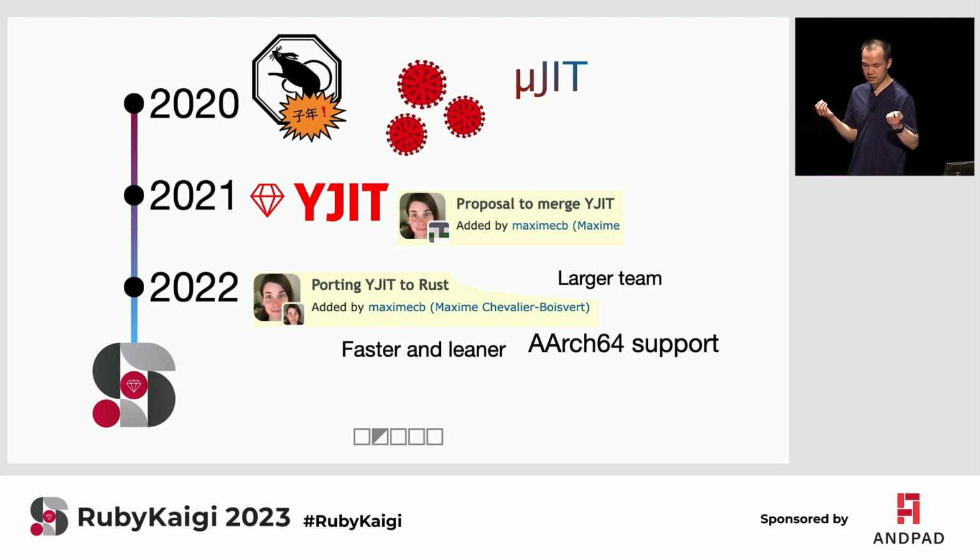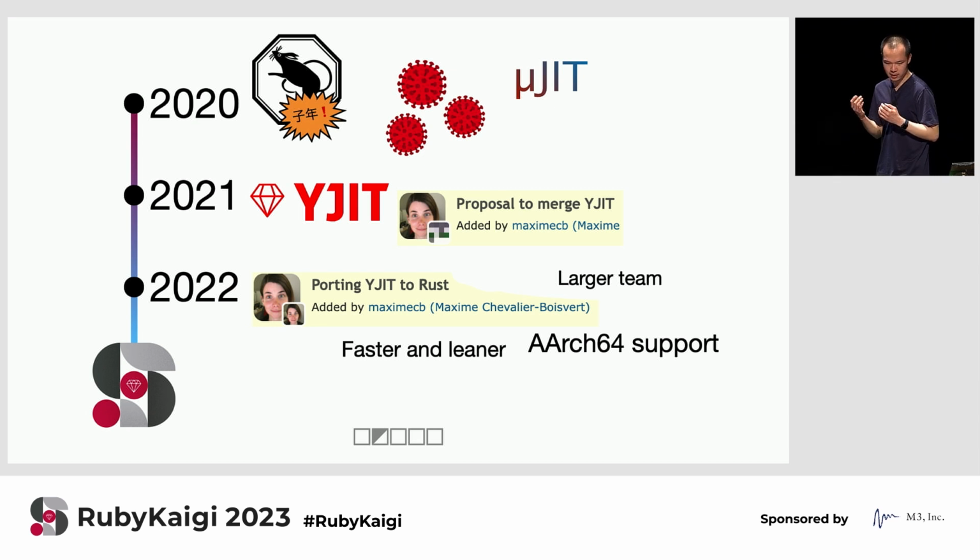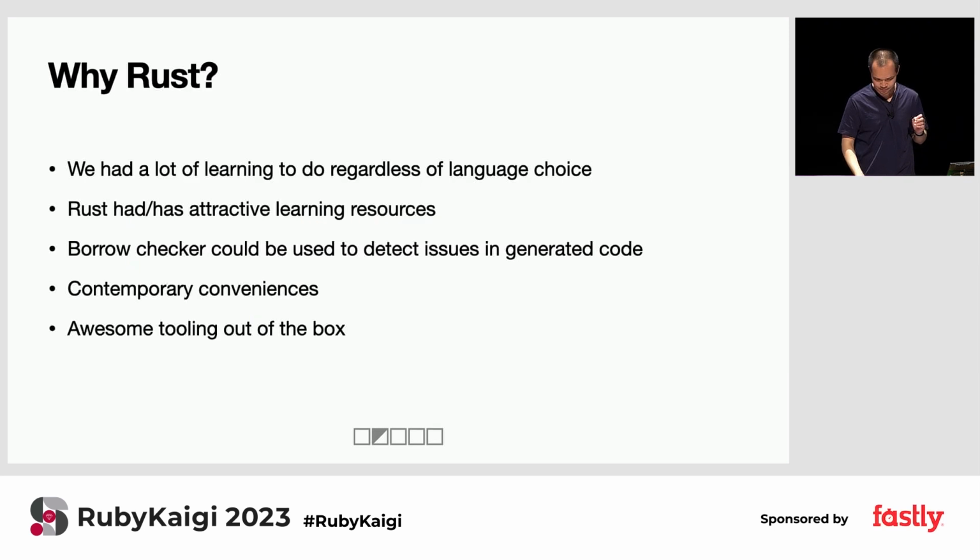By the time the release date came around five months ago, last Christmas, we had enough production deployments of YJIT that we felt comfortable removing the experimental label. And that pretty much takes us to present day, May 2023.